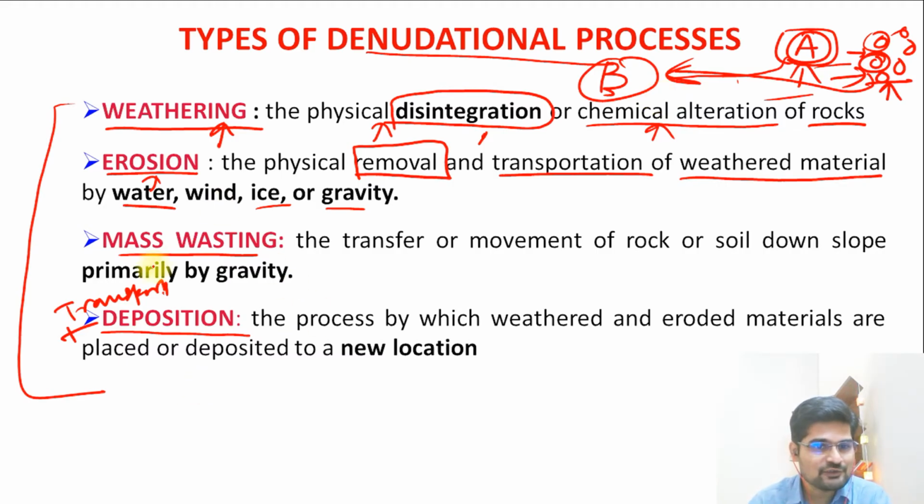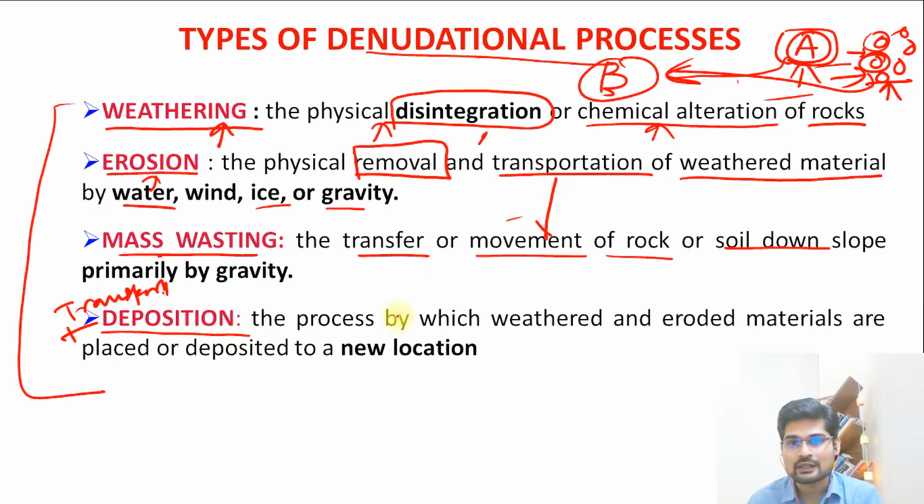And then the third one that we have is mass wasting. So the transfer or movement of rock or soil. So again there is a transfer or transportation involved in mass wasting as well. But then what is the difference between erosion and mass wasting? It is basically about the impact of slope gradient, basically the influence of gravity. That is where it is important.